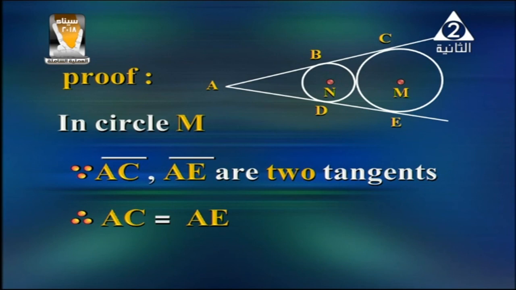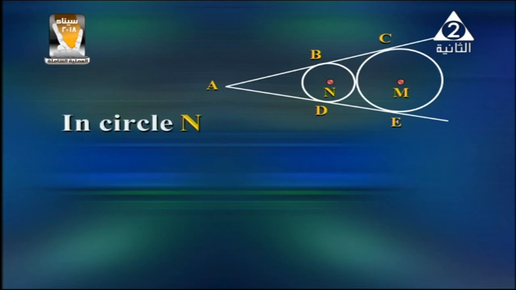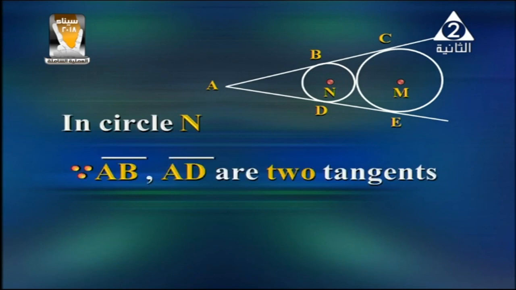Similarly, in circle N, what are you going to notice? AB and AD are two tangents. That's correct, two tangents drawn to circle N from a point outside it, so their lengths are equal. So we can say that AB equals AD.